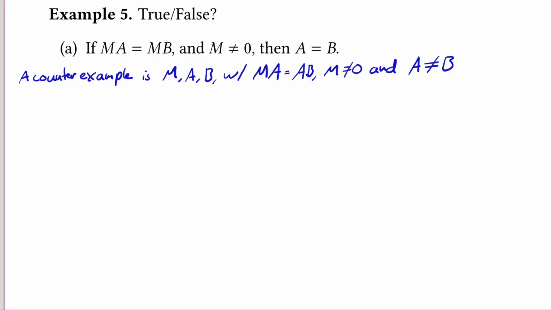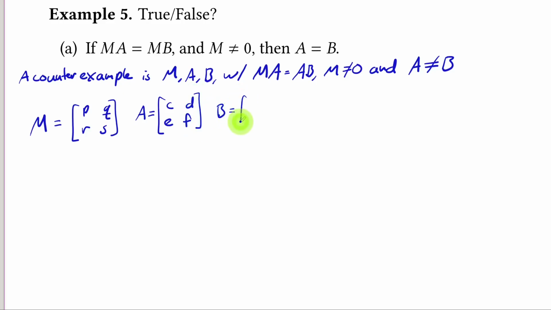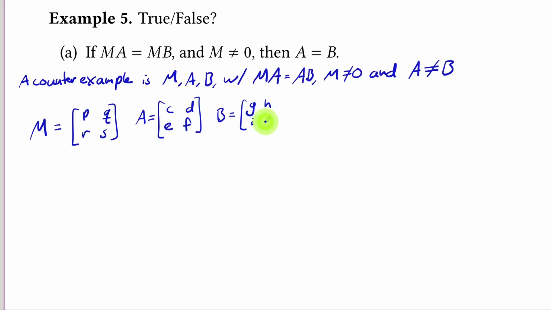So let's try to think of how this would work. Maybe we can do 2 by 2 matrices because we have some experience. Let's say that M has entries P, Q, R, S. And A has entries C, D, E, F, and B has entries G, H, I, J. Now, we want to make it so MA equals MB.